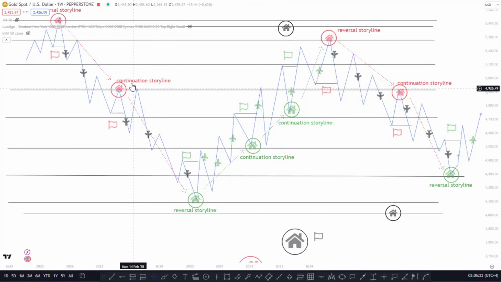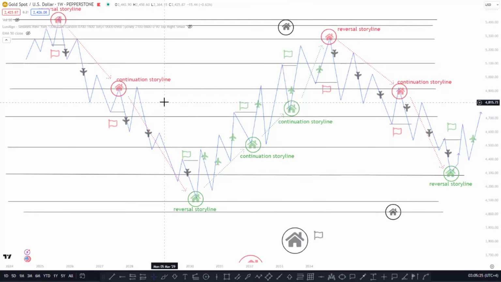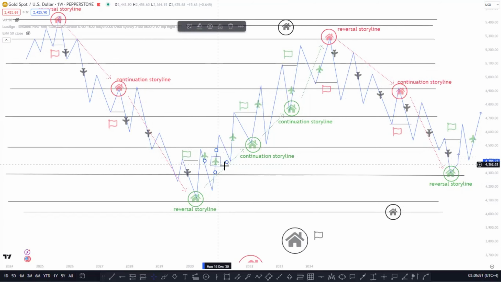And finally, when the airplane reaches airport D and airport D raises the green flag, that means a bullish breakout happened. And when the bullish breakout happened, the bullish storyline started and the airplane starts flying up.